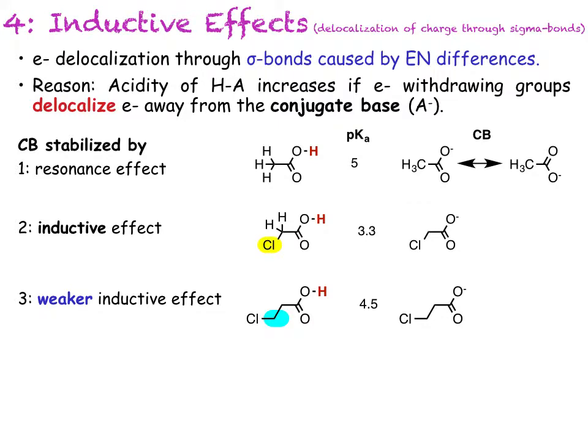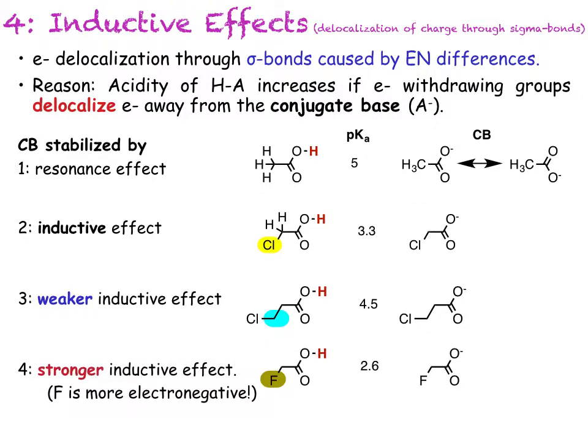However that carbon-chlorine bond is influencing the stability of the carboxylate, if the carbon-chlorine bond is further away, the stabilization is less, and so the pKa here is 4.5. If we look at another example, now we have a fluorine bonded at the carbon next to the carbonyl, and the pKa is 2.6.